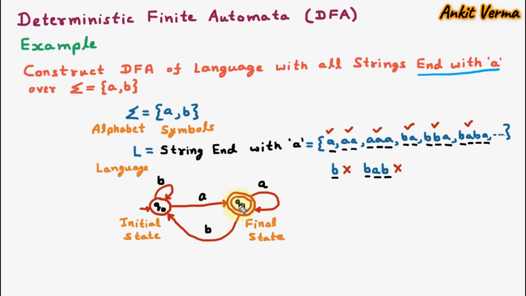Now on Q1, if A comes, there is a self loop, and if B comes, we go to Q naught. So this is also a complete state. So all the states are complete. That means this DFA is properly created, and it is accepting all the strings which are ending with A and rejecting all the remaining strings.